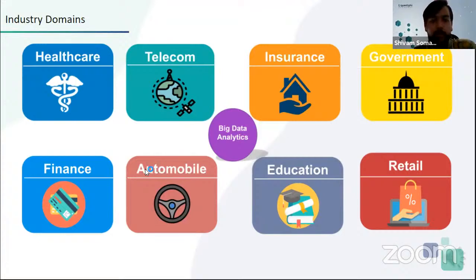Automobiles, so as one of the use cases I already told, in autonomous cars and everything, they are using that data. Also in automobiles, there are various things on the manufacturing side as well, like the aerodynamics of the car and what speeds it can go through.